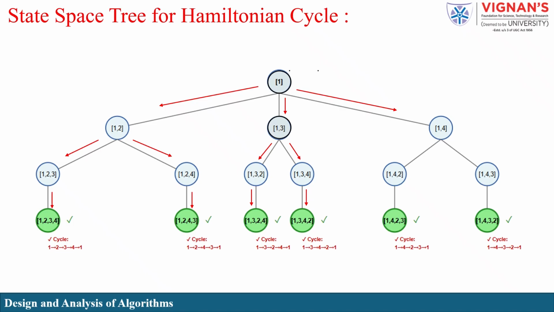Finally, from the branch 1, 4, choosing vertices 2 and 3 gives the paths 1, 4, 2, 3 and 1, 4, 3, 2, and both form valid Hamiltonian cycles. Thus, the state space tree explores all possible paths, and each green node represents a valid Hamiltonian cycle.